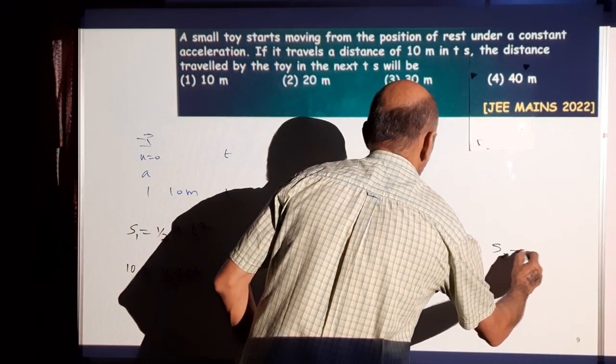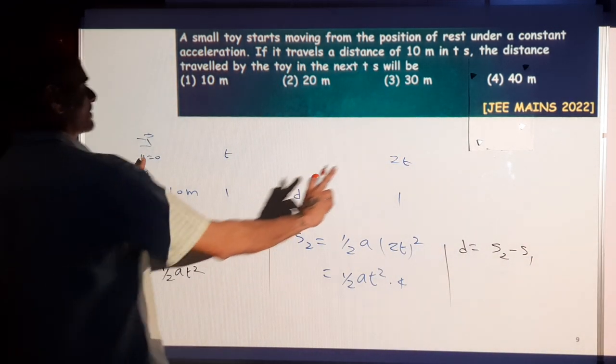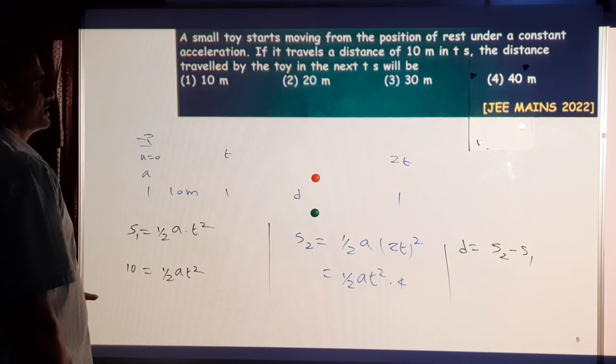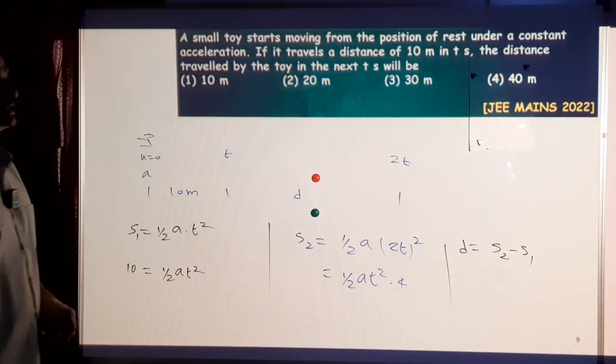This is S2 minus S1. S2 is the distance traveled in the first 2t seconds, from here to here, and S1 is the distance traveled in the t seconds from here to here. So this distance minus this distance will give me this distance d.